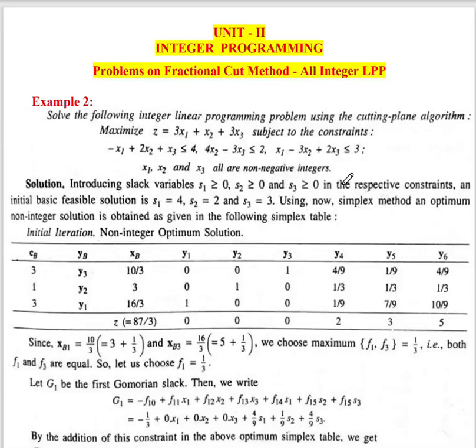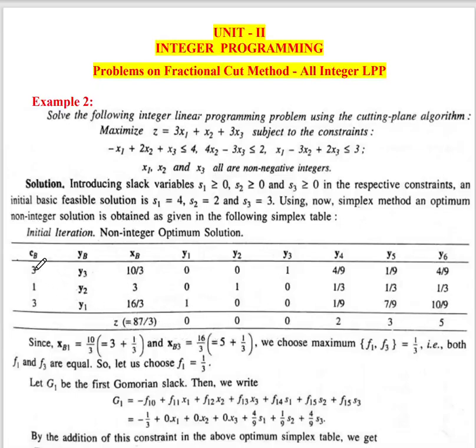So by using the simplex method we can come to the initial iteration, the initial simplex table of the all integer linear programming problem. After solving by the general simplex method you will come to this table.